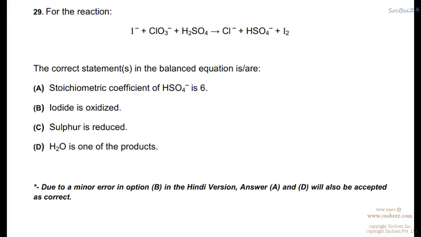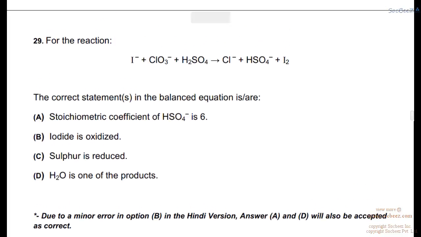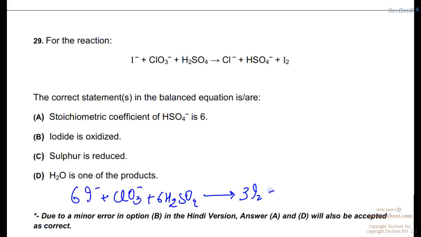The balanced equation will look like this: 6I negative plus ClO3 negative plus 6H2SO4 gives 3I2 plus Cl negative plus 6HSO4 negative plus 3H2O.